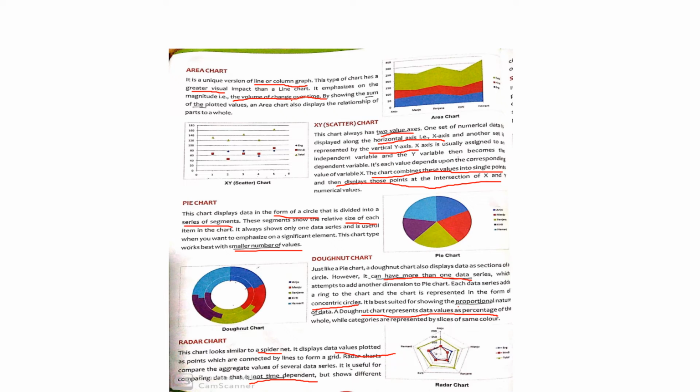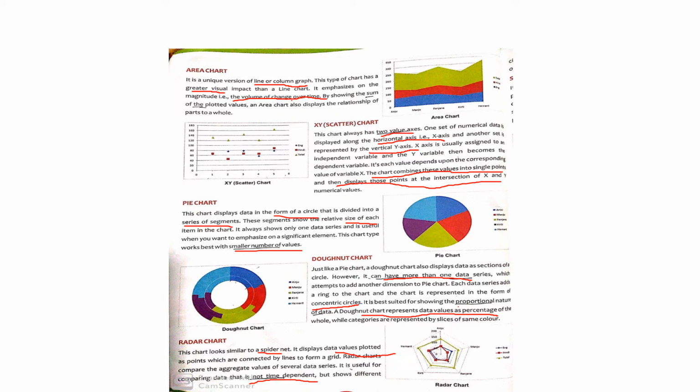Next one is the donut chart. It is just like a pie chart, and it also displays the data as sections of a circle, but it can have more than one data series, which attempts to add another dimension to the pie chart.